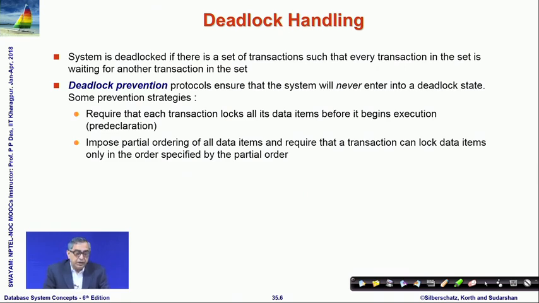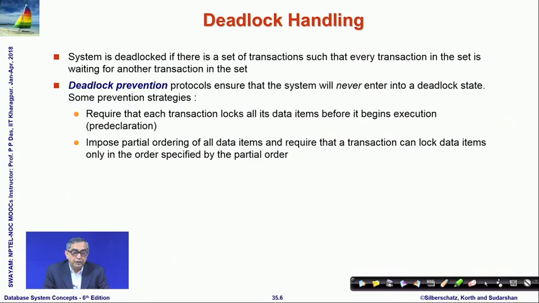The other, which is smarter, imposes a kind of partial ordering on all the data items that exist, and it requires that a transaction can lock the items only in that specific order.